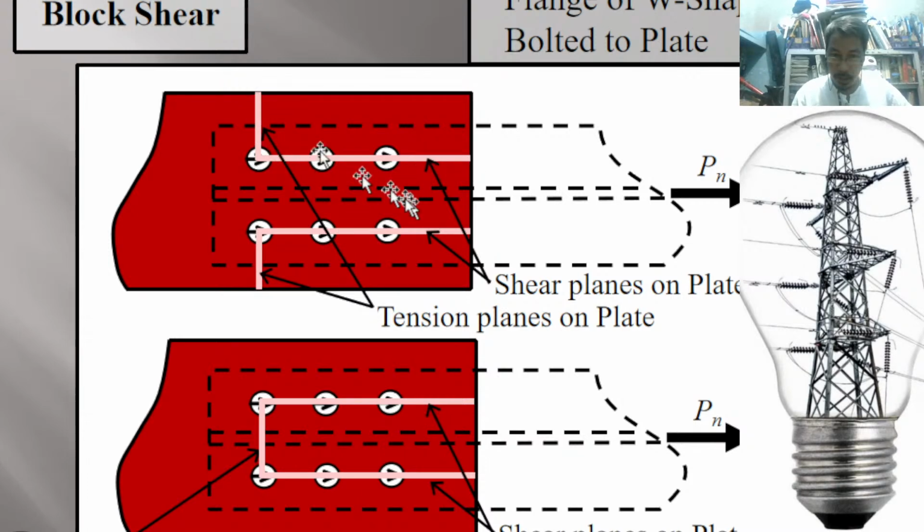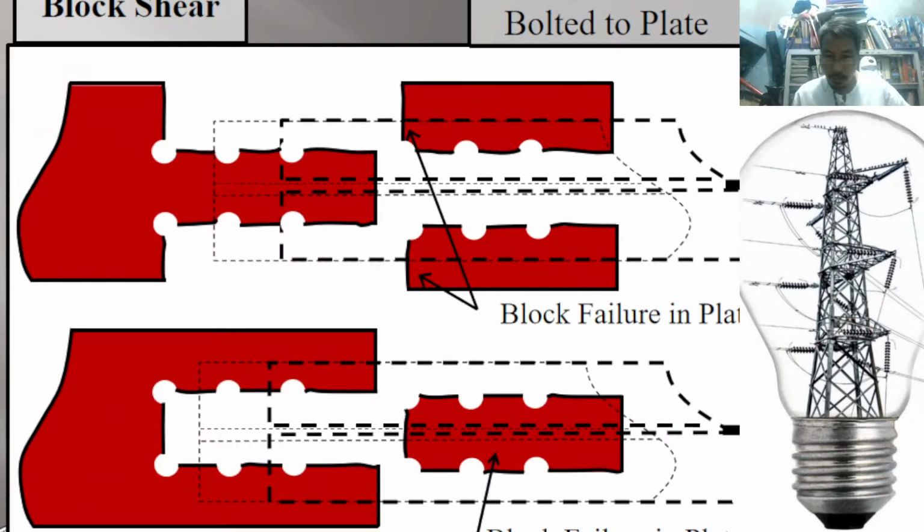So one and this one, they are a pair of blocks here, just like what will happen on the W section, and another type of block shear here. Okay, a single block that looks like a U-shaped failure.